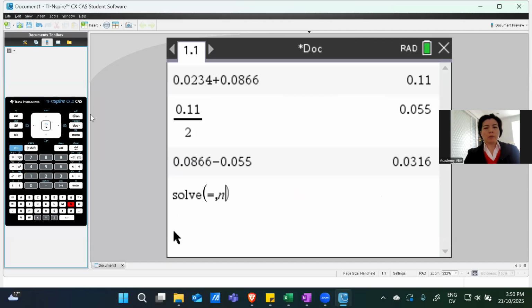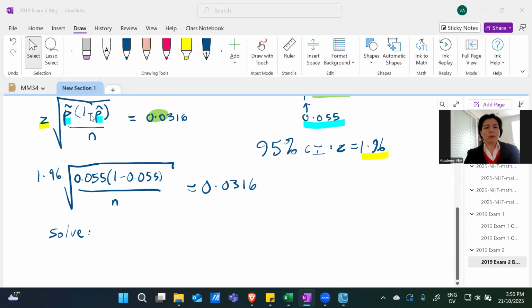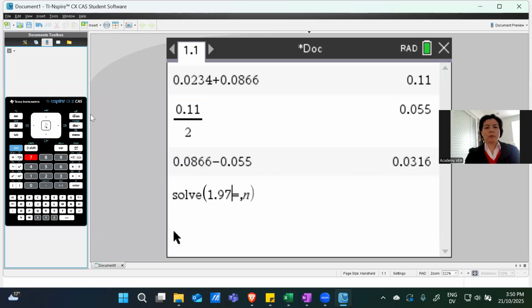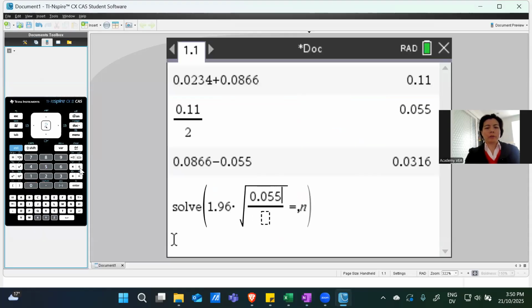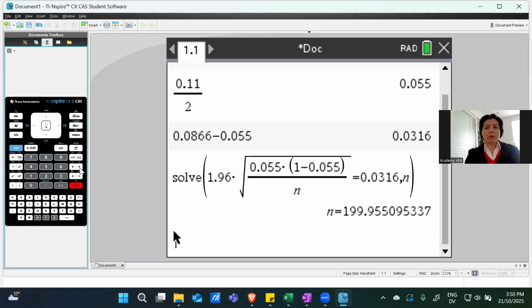Always have an equals and whatever the number is you want. Then we have 1.96 times the square root of a fraction inside the square root: 0.055 times 1 minus 0.055 divided by n, and it must equal 0.0316, and hopefully we get a useful n value.